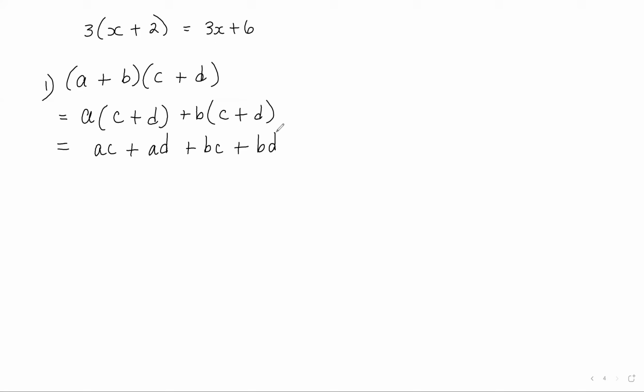So that's one way to do it. The next way is you can skip out the second line, even though it's the same thing you're essentially doing. You're multiplying each term in the first bracket by the two terms in the second bracket. You just write it a little differently. So you have A plus B by C plus D. You take the first term in the first brackets, A, multiply by the first term in the second brackets.